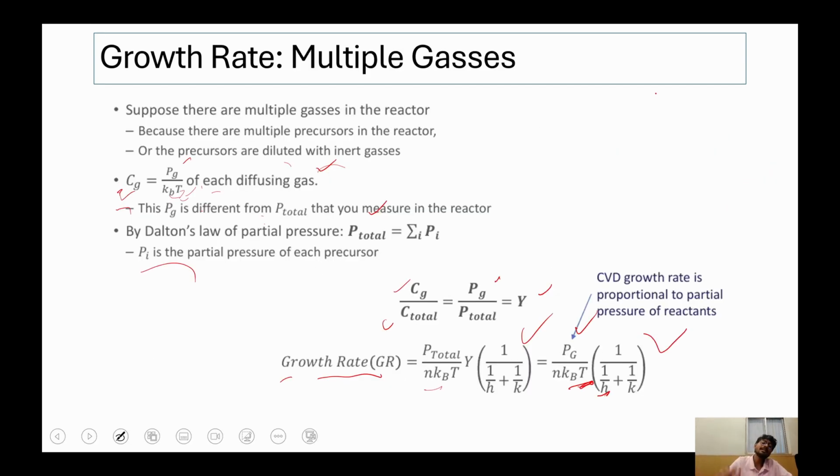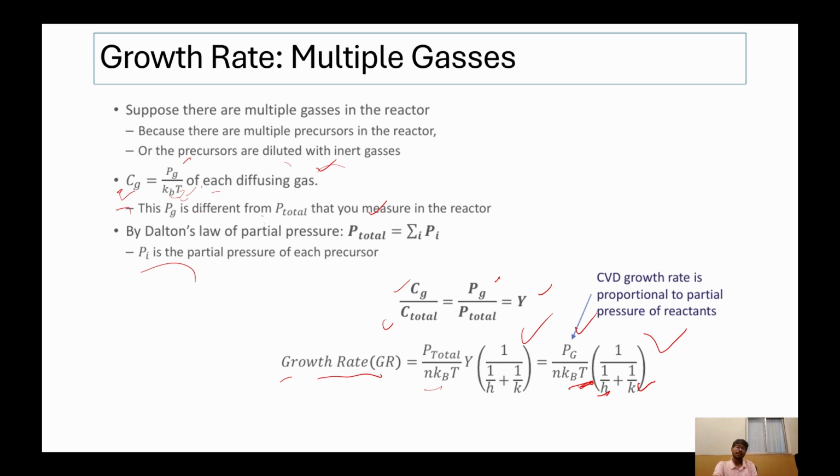The more the H, the more the diffusion coefficient, so diffusion of the gas. And another thing is the reaction rate constant: the more the K, the more the reaction rate.